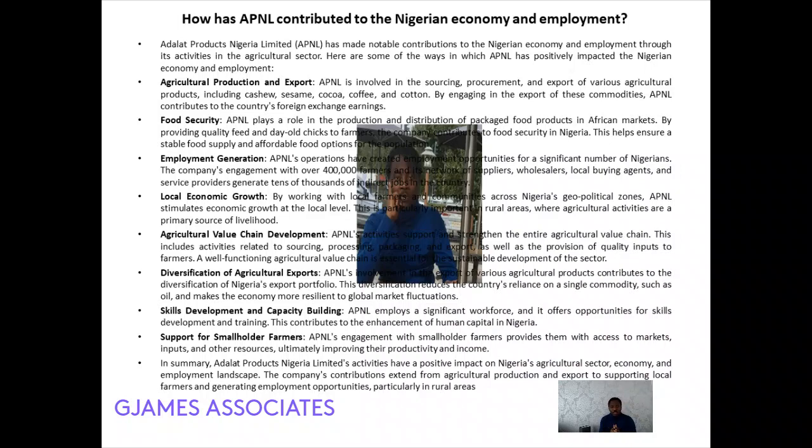We can mention some of these aspects as contribution of Adalat to the Nigerian economy and employment.